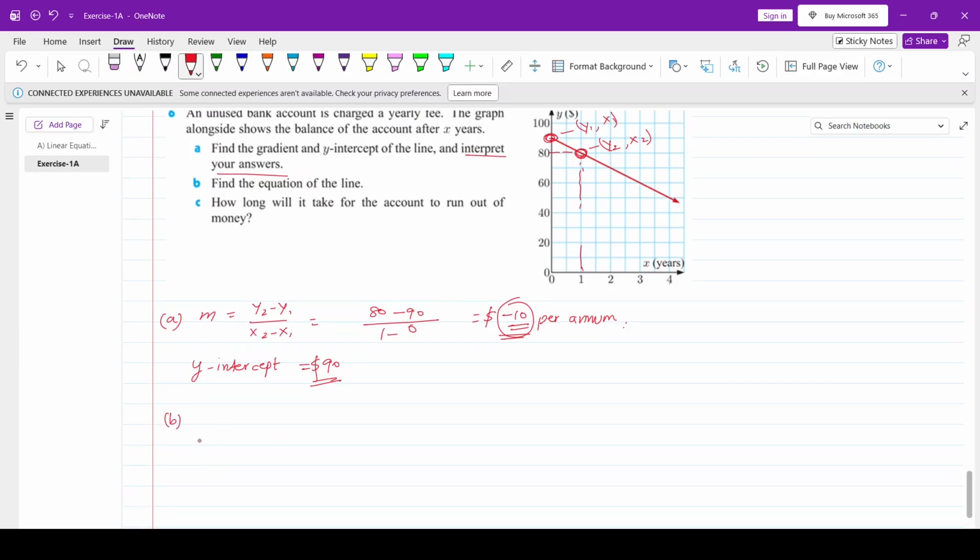Now find the equation of the line. The equation of the line is, with m being minus 10, y minus y1 equals m times x minus x1.